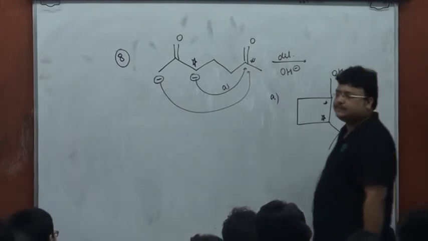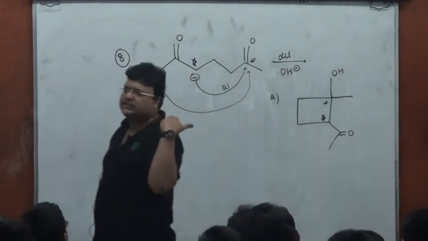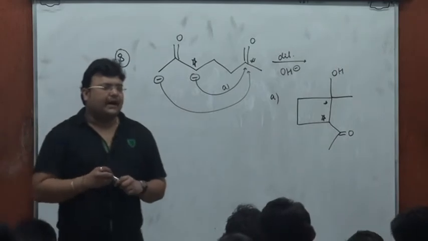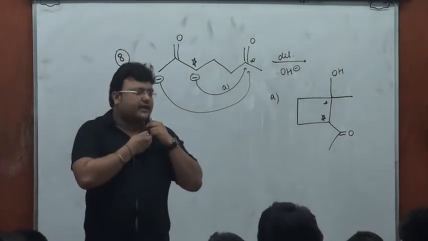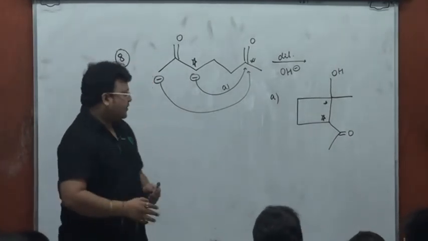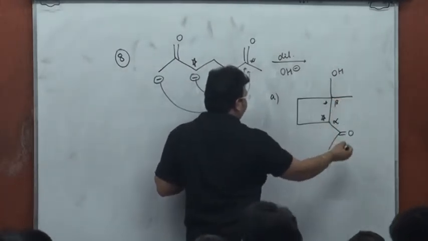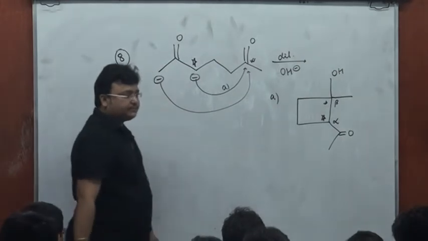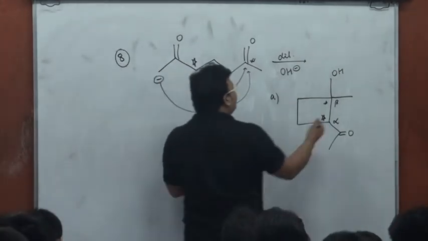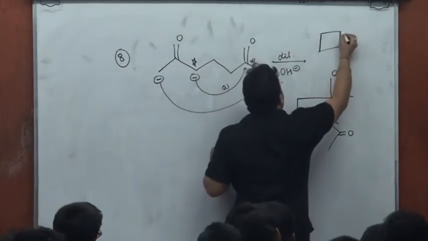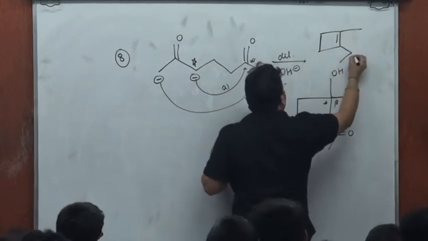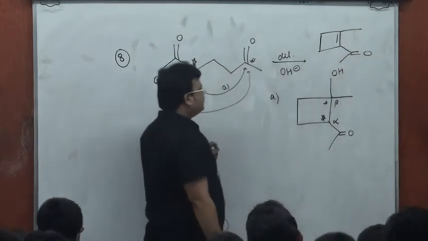Yes or no? And then finally you will check if you have drawn a beta hydroxy compound or not. So what you get is certainly a beta hydroxy compound. Now this would get dehydrated to a product of this kind, an alpha beta unsaturated compound.